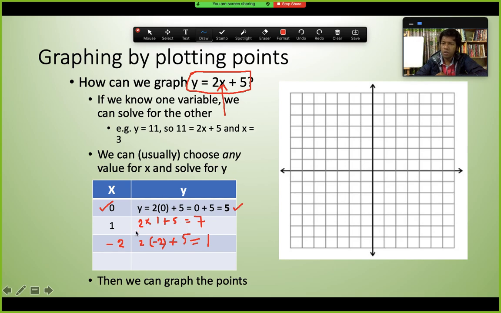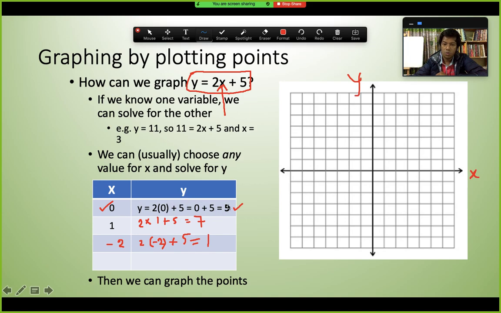So this way you will find some points and then plot those points on the graph. See, when x equals 0, y equals 5. So the first point is 0, 5. This is our x-axis, and this is our y-axis.